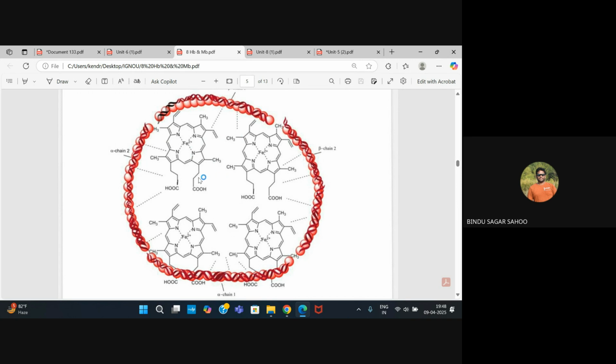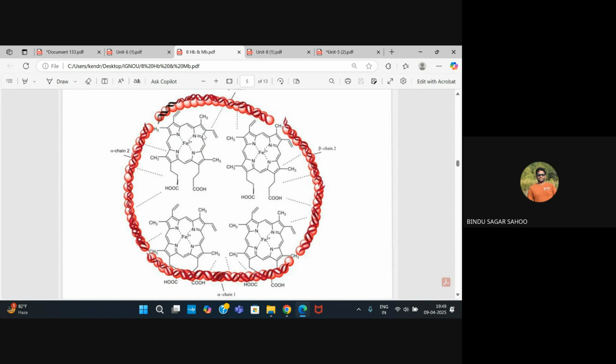Another condition is when hemoglobin binds with oxygen. Particularly, which metal binds with oxygen? This Fe metal. In this structure, you can see that in the plane, iron is connected with four nitrogen atoms. That means there is no site of attack in the plane.